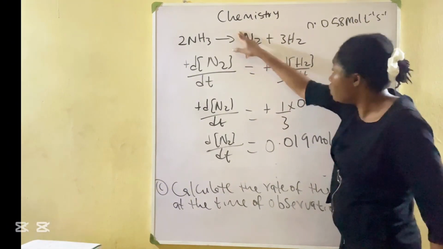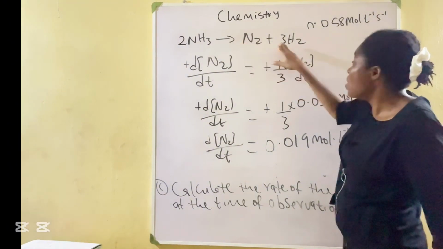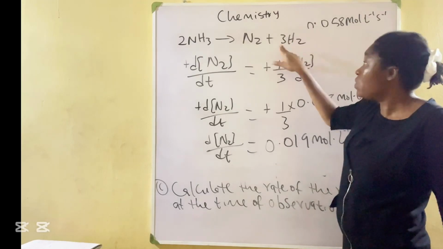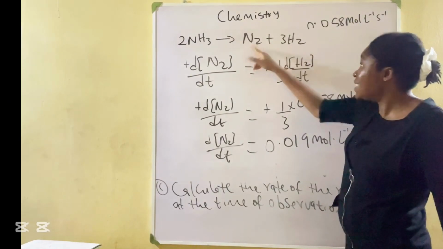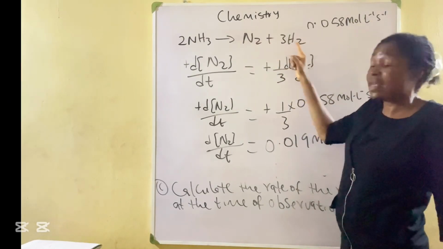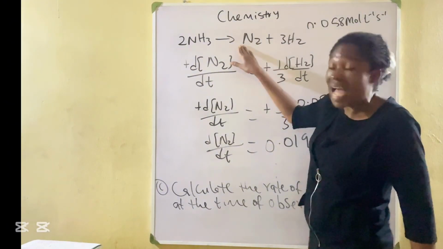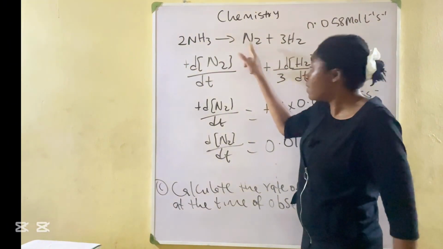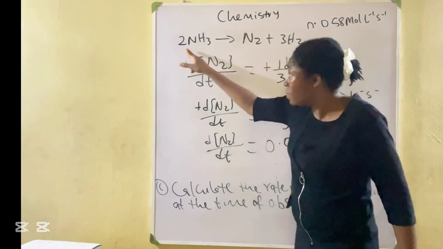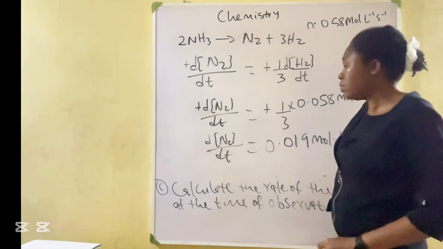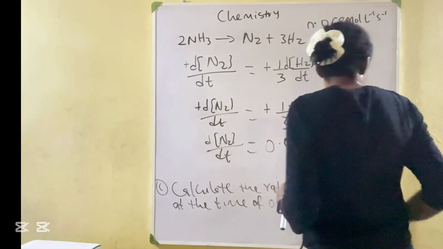If you are given the value of this one and not this one, how do you get it? Times it by 3, you have this one. If you are given this value of this one, how do you find the other? Times it by 2. Simple. To save your time.